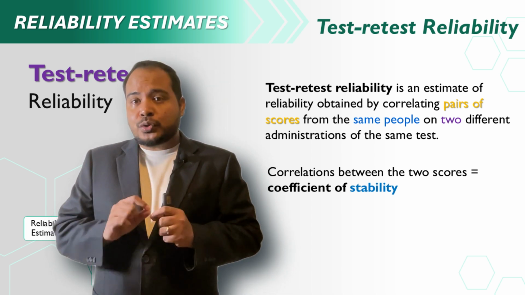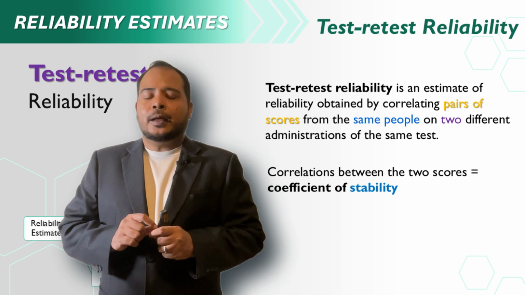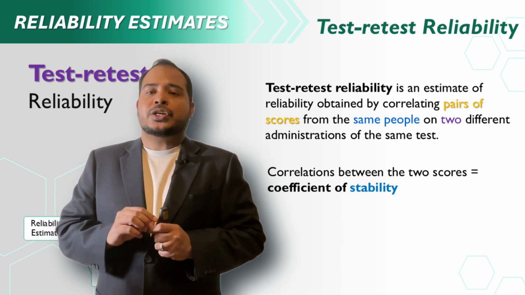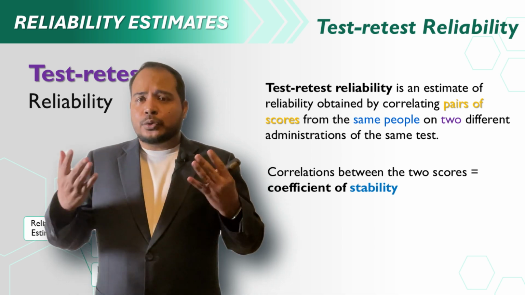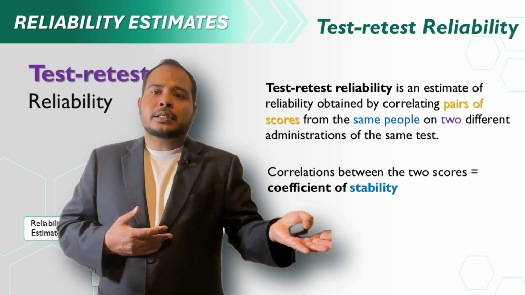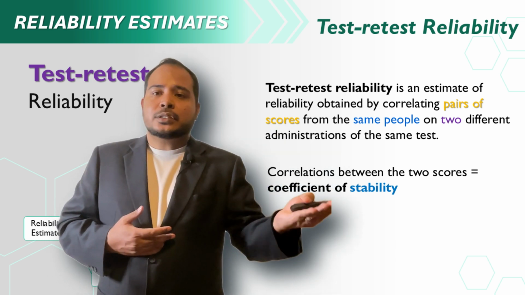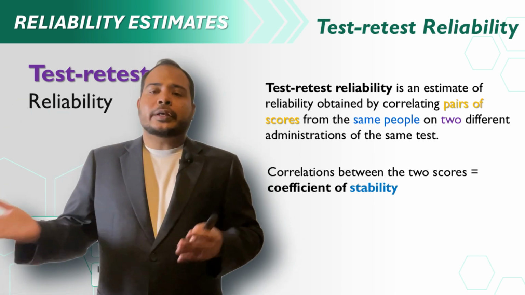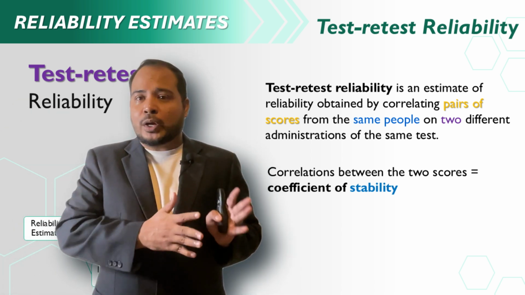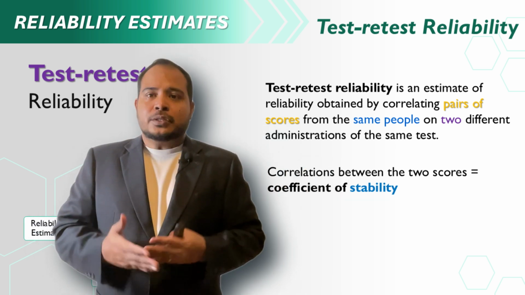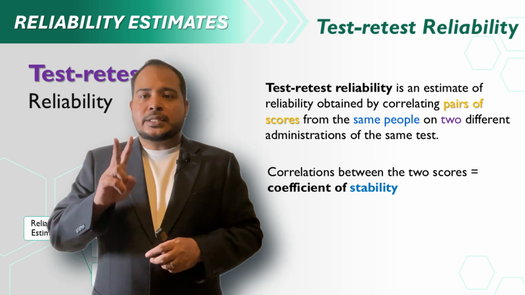To use it, you need to collect data twice, two administrations. You approach, for example, 100 participants, and after 2 weeks, you approach the same 100 people to answer it again. So your participants have to answer it twice.